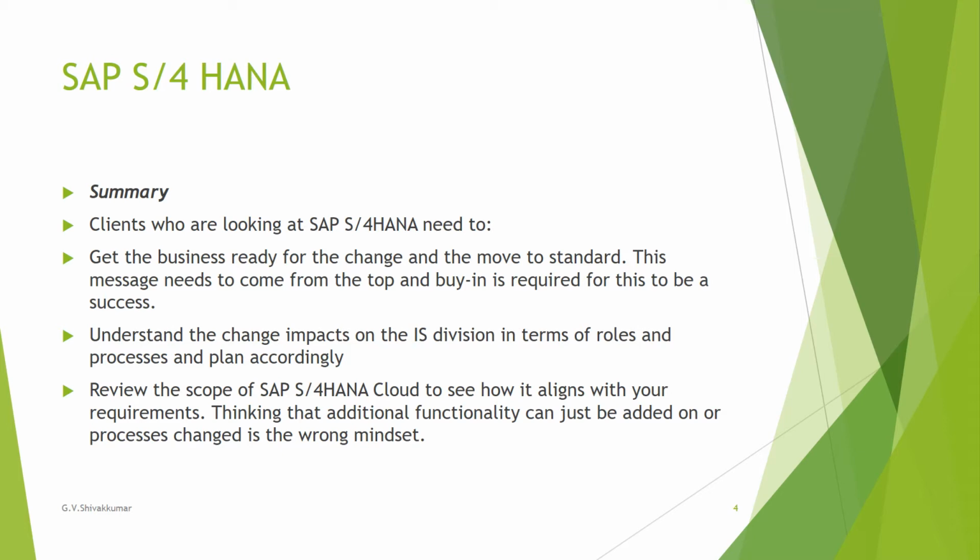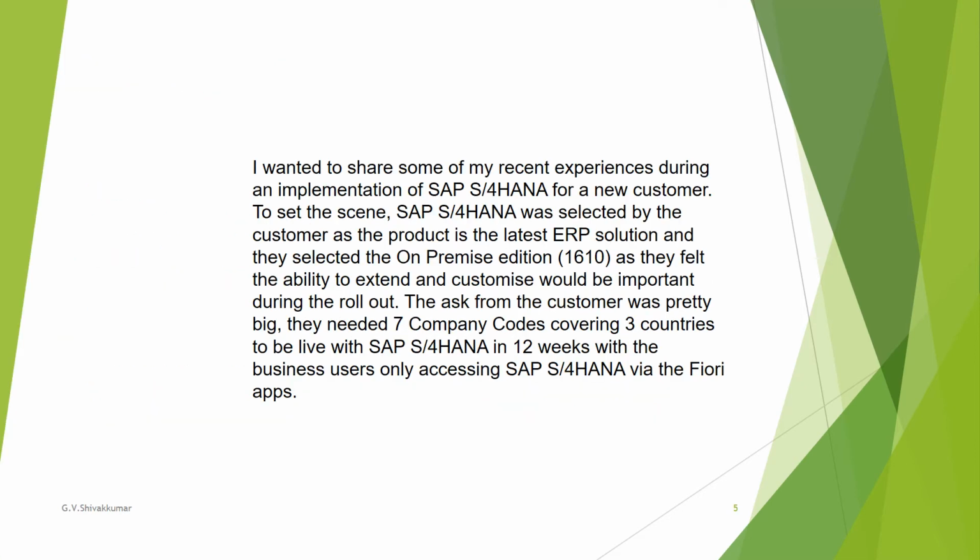Review the scope of SAP S4HANA Cloud to see how it aligns with your requirements. Thinking that additional functionality can be added on, or that the process can be changed, is the wrong mindset. This is very important for the business people who are interested in moving to SAP S4HANA.